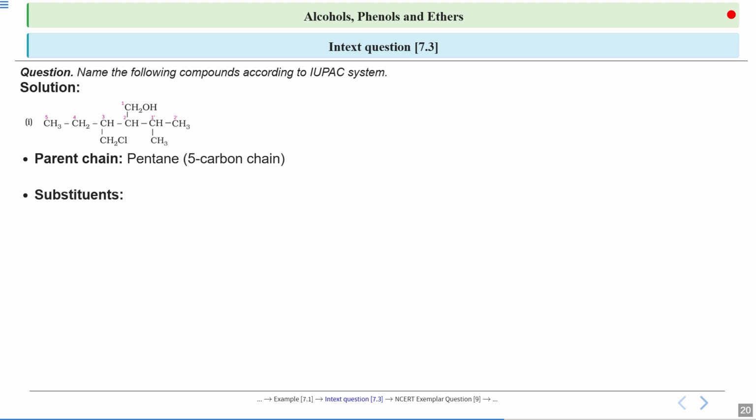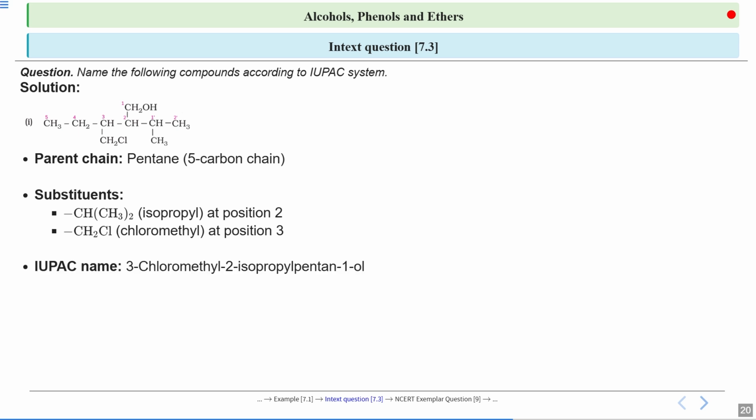Talking about the substituents, CH3 twice on a carbon means isopropyl. The isopropyl substituent is present at the second carbon of our parent chain. Similarly, the CH2Cl chloromethyl substituent is present at position 3 of the parent chain. So the IUPAC name will be 3-chloromethyl-2-isopropylpentan-1-ol.